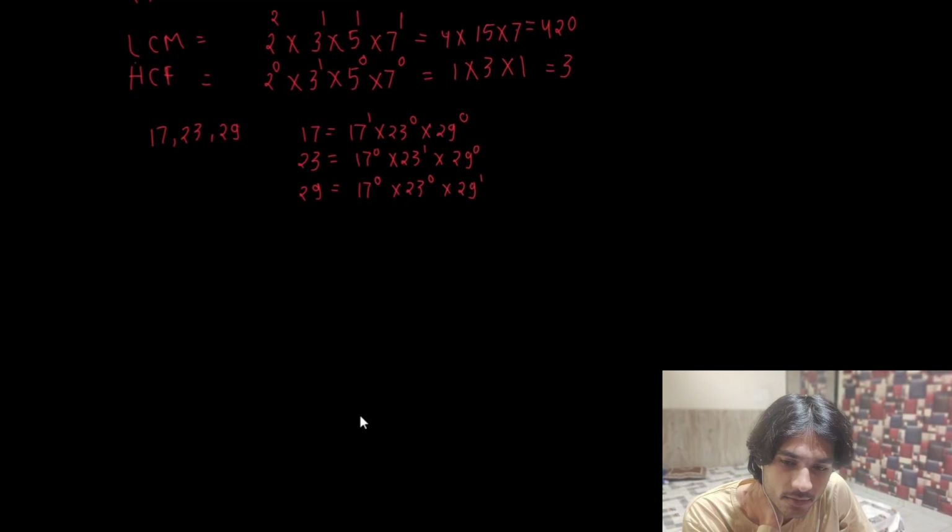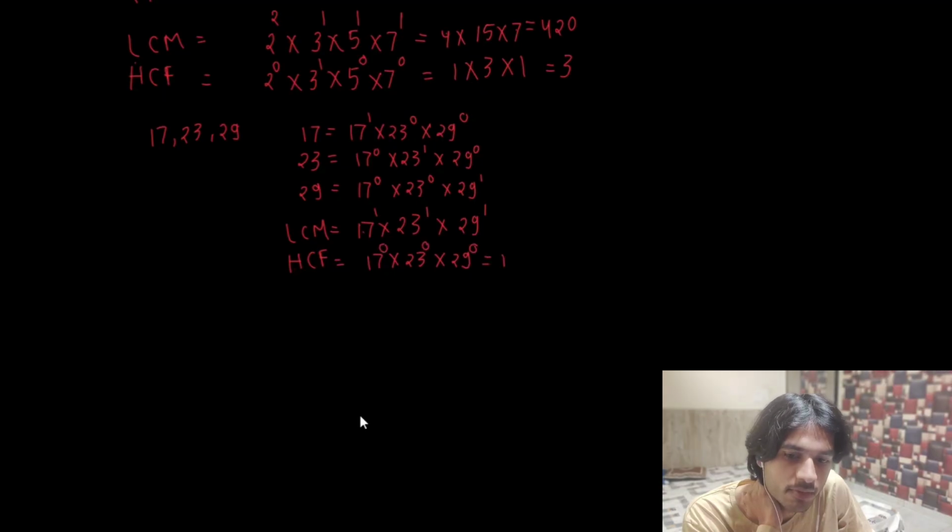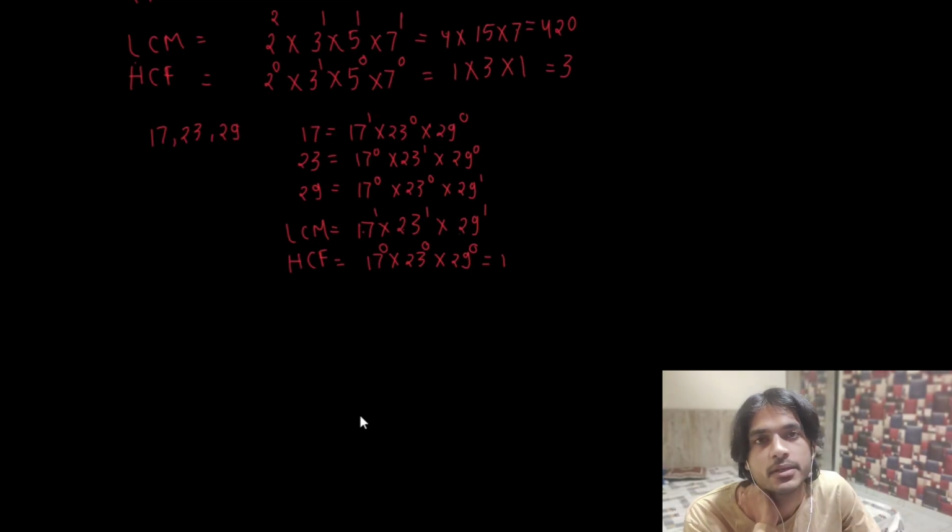So when I'm taking LCM, I have to take the greatest power. The greatest power between 1 and 0 is going to be 1, and between 0 and 1 is again 1, and again between 0 and 1 is 1. And HCF would be prime numbers with their lowest power. So among 0 and 1, the lowest power is 0. So this is exactly equal to 1, and the LCM is simply 17 multiplied by 23 multiplied by 29.